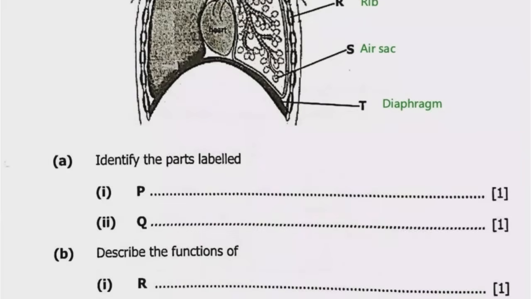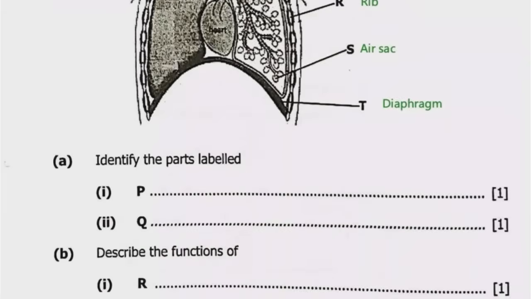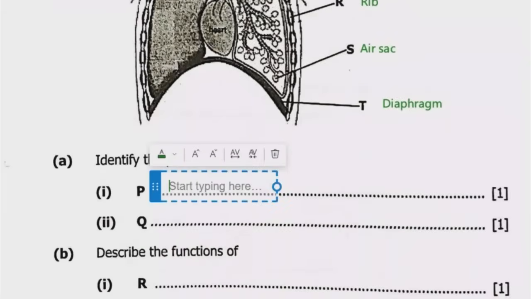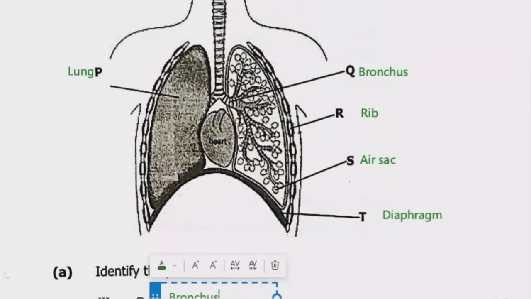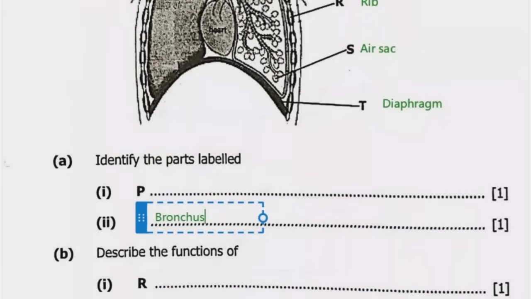Okay, so the question, which is question 6A, identify the parts labeled P and Q. So we saw that Q, we named it, that is bronchus. So you just write the word bronchus. Sorry, that is P. Bronchus is supposed to be on Q here.